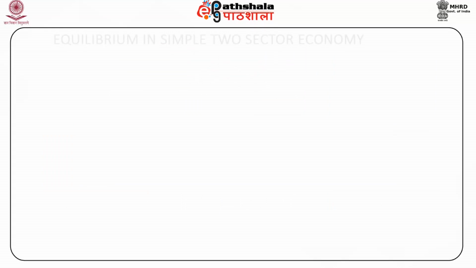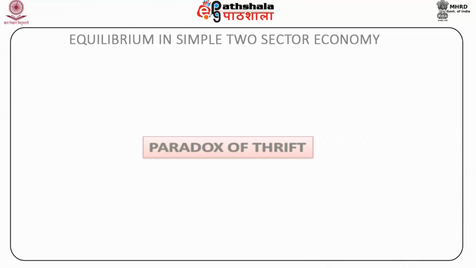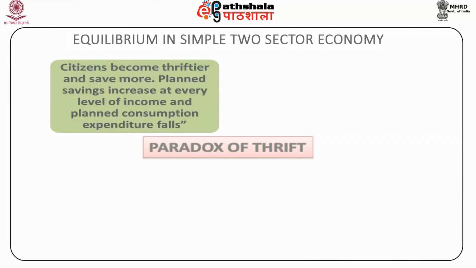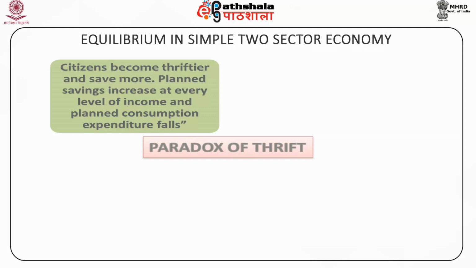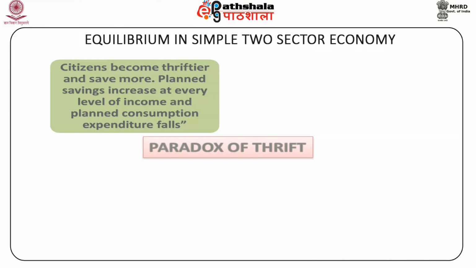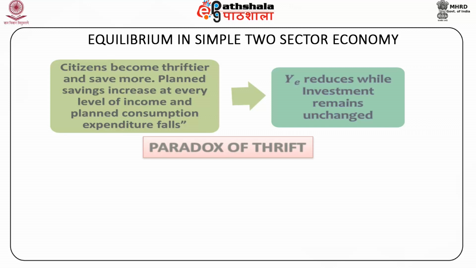Next topic that we will discuss is an interesting result known as the paradox of thrift. It shows the importance of demand in Keynesian economics. Suppose that at some point the citizens of an economy decide to become thriftier and begin to save a greater amount at each level of income. Planned savings increase at every level of income and planned consumption expenditure falls. This is equivalent to a decline in autonomous C. With the value of investment remaining unchanged, the result will be a decline in the value of equilibrium income.